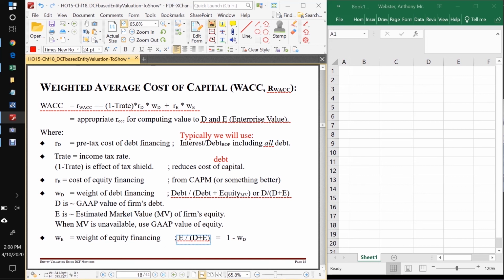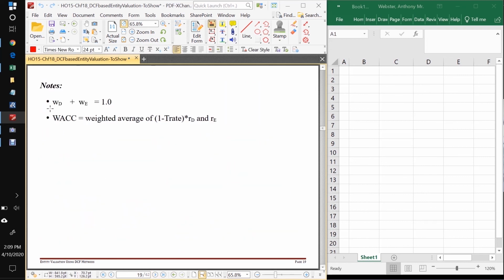So that'll be our, hopefully, market value or GAAP value of equity divided by quantity debt plus equity. And also notice that this is equal to 1 minus the weight of the debt. And that also leads me to point out that WD and WE always add up to 100%. So that's another good way to check your work. Make sure these two add up to 100% or 1.